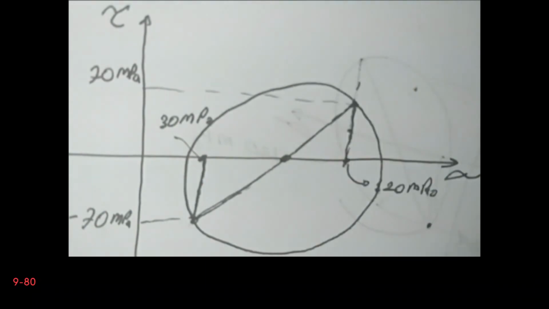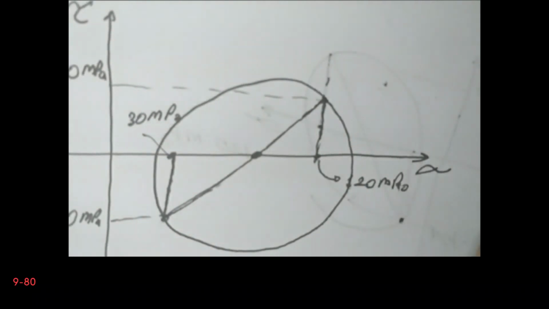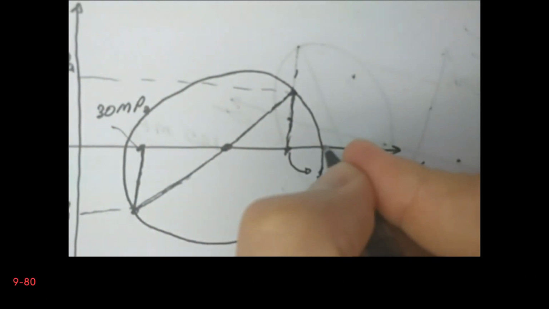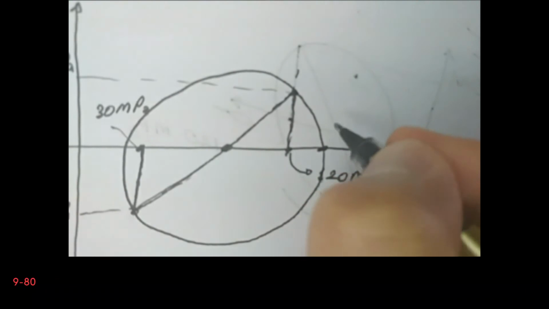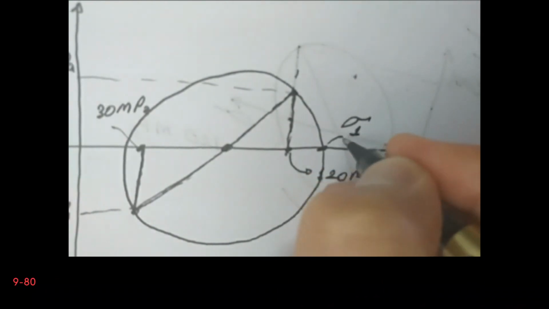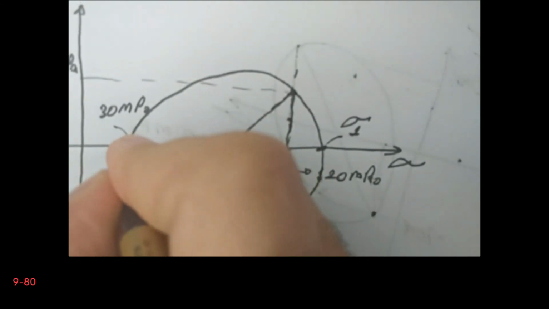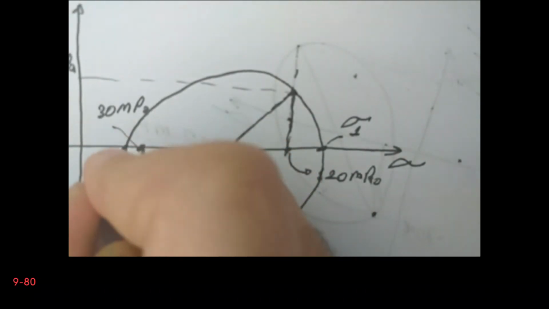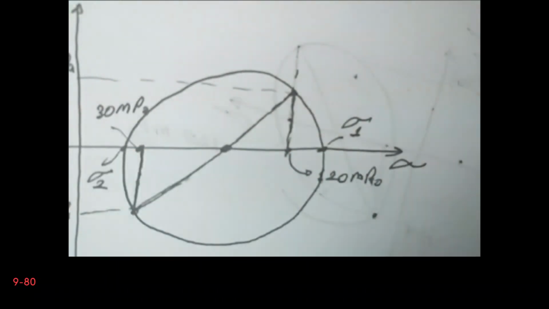Okay, this is our circle. Now this is the first principal stress, sigma 1, and this is the second principal stress, sigma 2, and we have the maximum shear stress here.